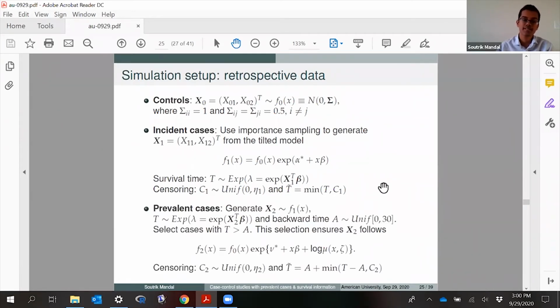For prevalent cases, we generate the exposure from F1, same as for incident cases. And then we generate survival time t from an exponential distribution with lambda e to the power x2 prime beta, and the backward time a from uniform 0 to tau equals 30.